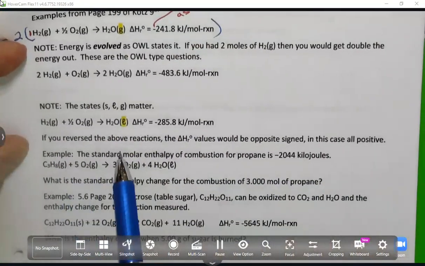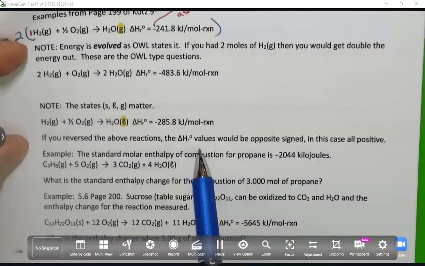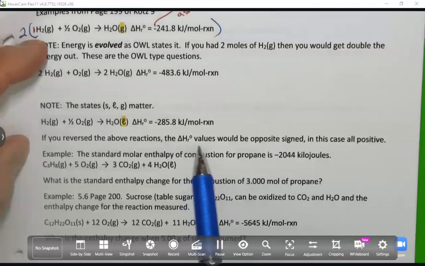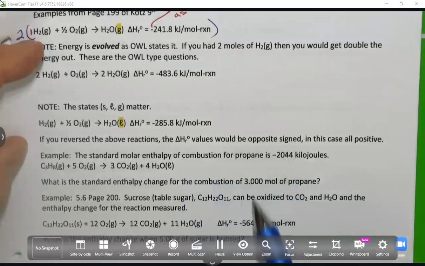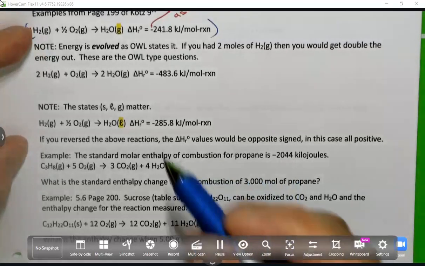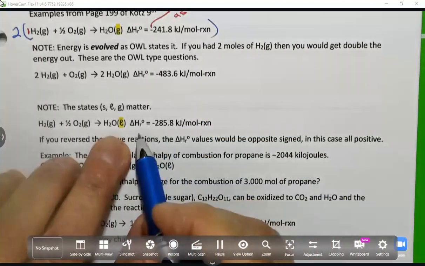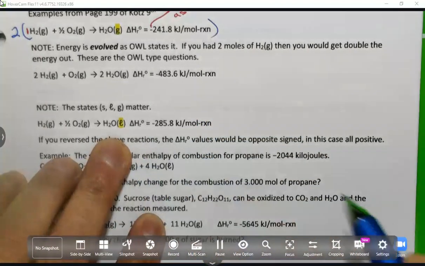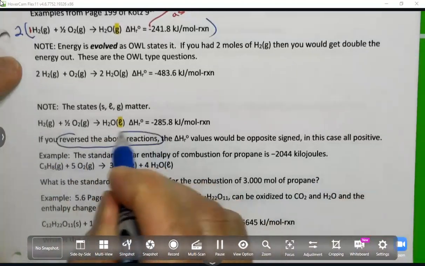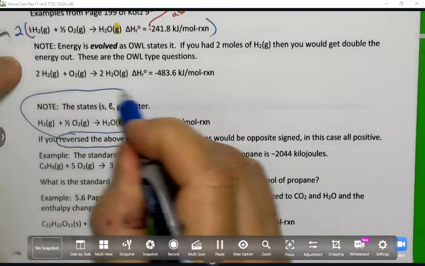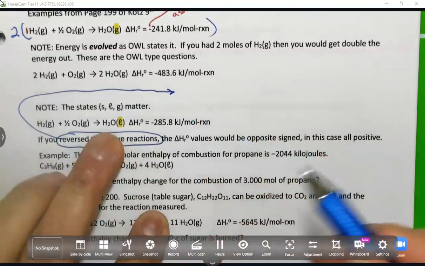It says if you reverse the above reaction, the enthalpy of reaction value would have the opposite sign. So what we're saying is this: if I reverse this reaction, what would the reaction be?